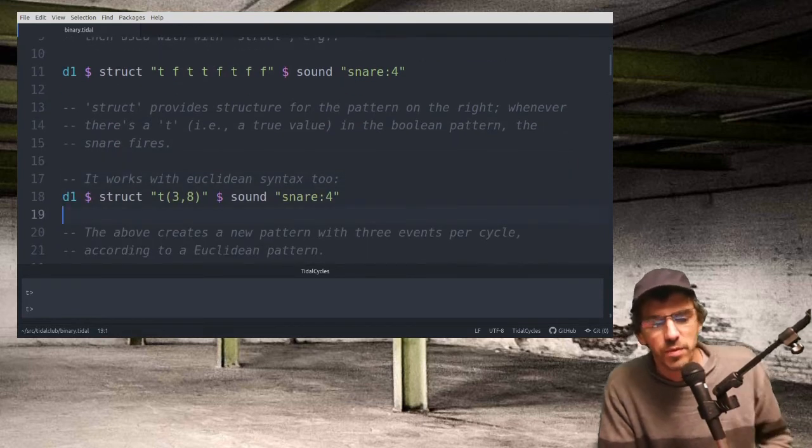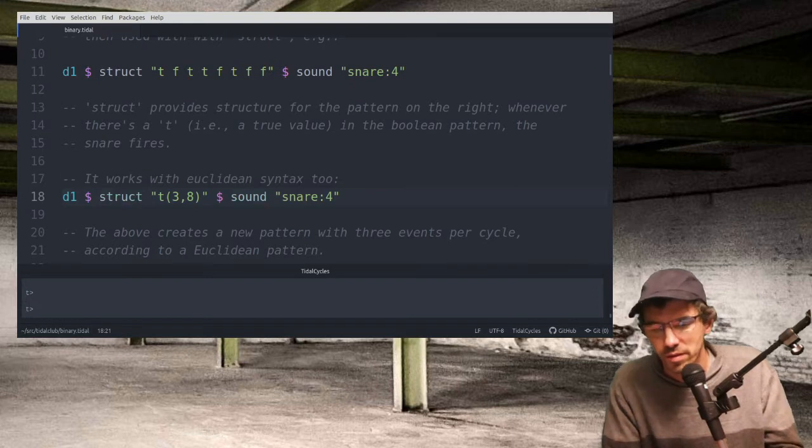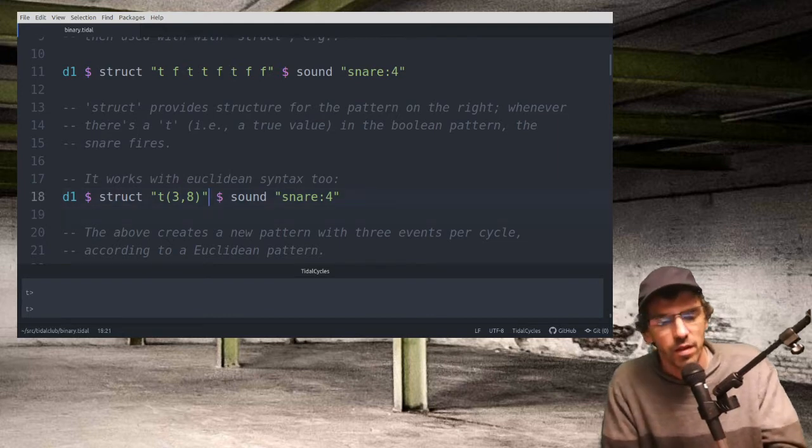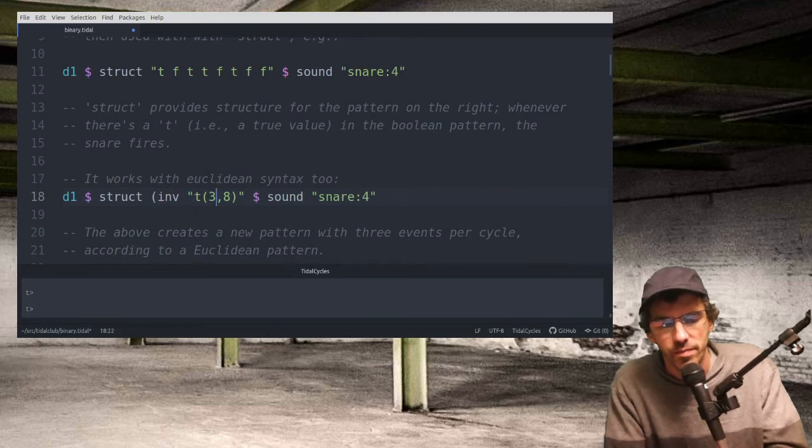So this also works with Euclidean syntax. So here I'm using this to make 3 true values over 8 steps. And again, I can invert that if I want.